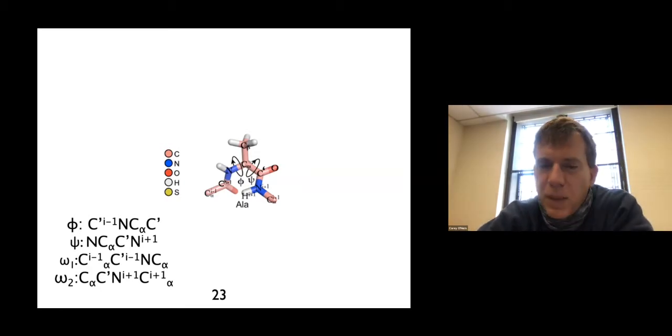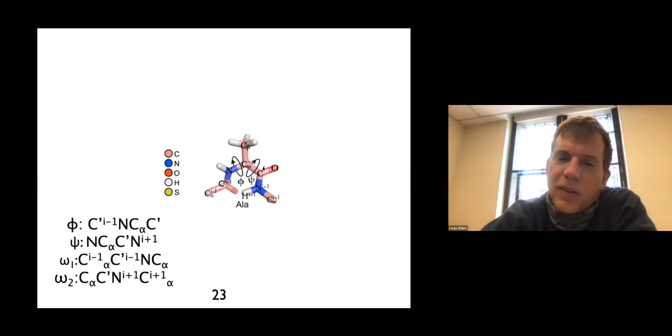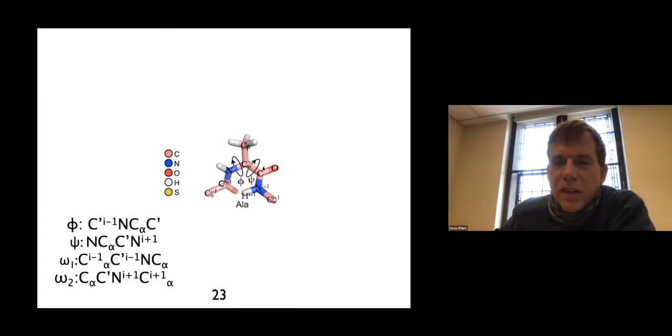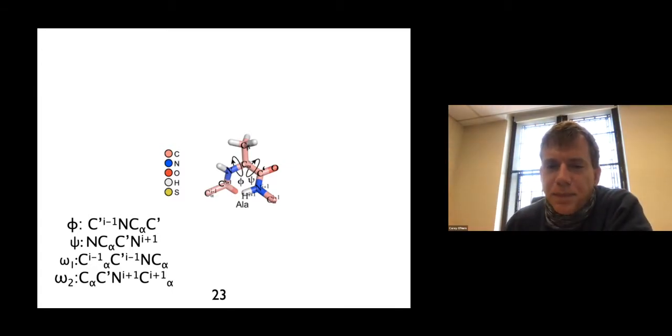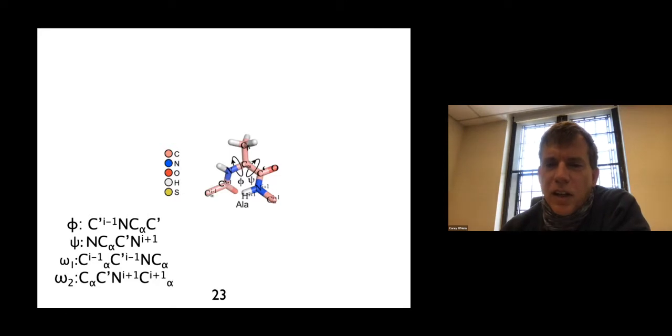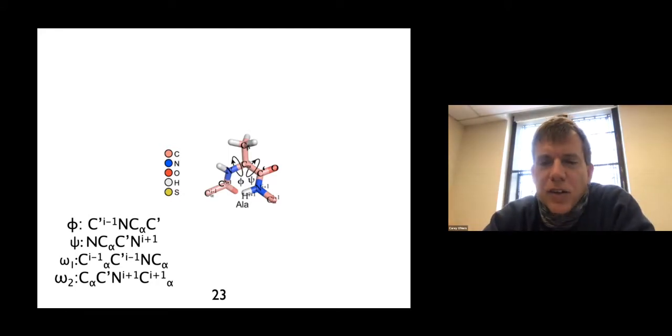That's basically a central amino acid, flanked by half of an amino acid on the left and half of an amino acid on the right. Here I show you an alanine dipeptide, with that C beta as a side chain flanked by 3 hydrogens. The side chain doesn't matter since we're focusing on the backbone.